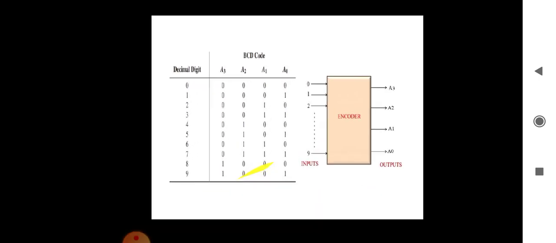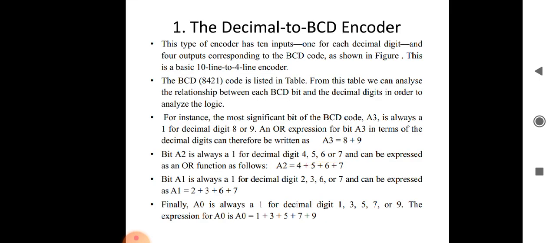Similarly A2 is always high for decimal digits 4, 5, 6, 7 and can be expressed as an OR function as follows: A2 is equal to 4 plus 5 plus 6 plus 7. And finally A0 is always 1 for decimal digits 1, 3, 5, 7, 9. The expression can be ORed as 1 plus 3 plus 5 plus 7 plus 9.